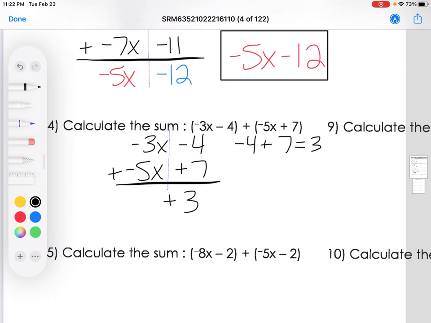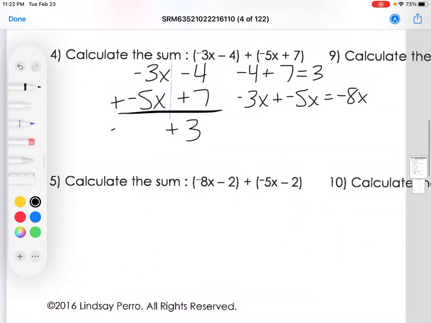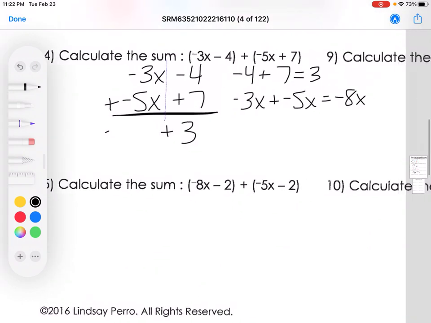And it's a positive 3. And then I'm going to solve negative 3x plus negative 5x, which when I'm adding two negatives, so that would be negative 3 plus negative 5, which is negative 8x. So my answer would be negative 8x plus 3.